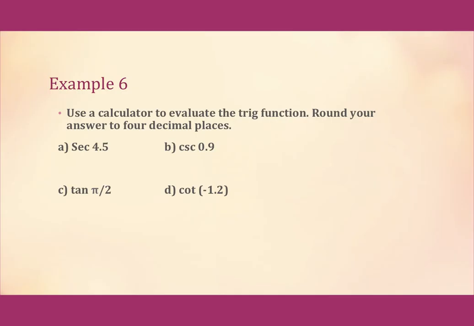All right, we end with the calculator. Remember how important your mode was? It's back. So the mode on your calculator can either be in radians or degrees. If this said find the sine of 35 degrees, my calculator has to be in degrees.